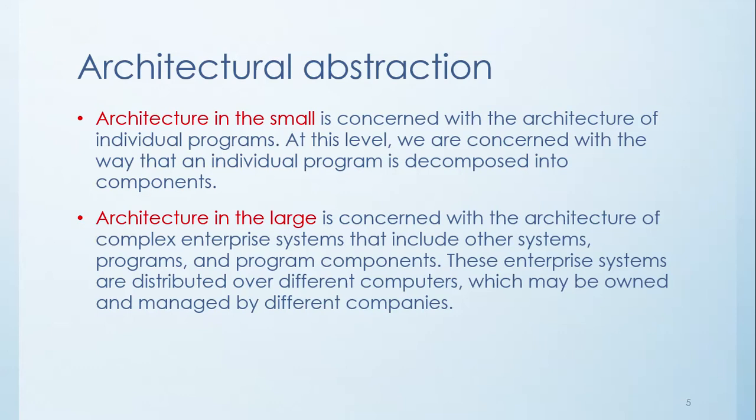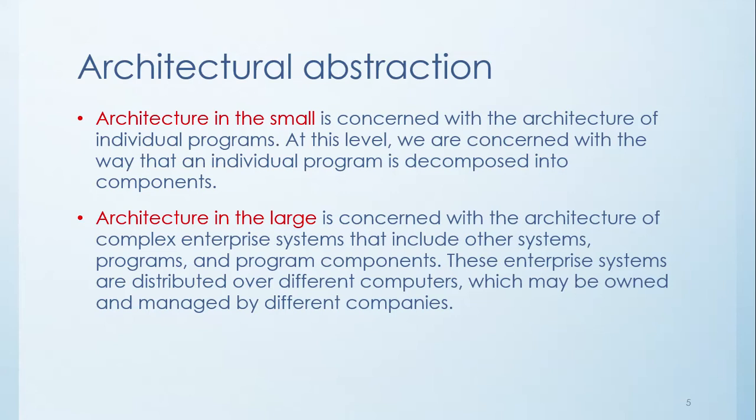Those kinds of enterprise systems are usually distributed over many different computers, which may be owned and managed by different companies. So for example, at the UE, we have PeopleSoft, which manages the HR communication. We have Banner, which manages both student records as well as financial records and those kinds of things.